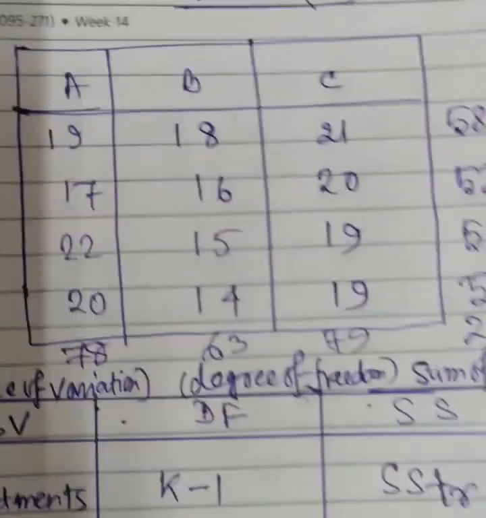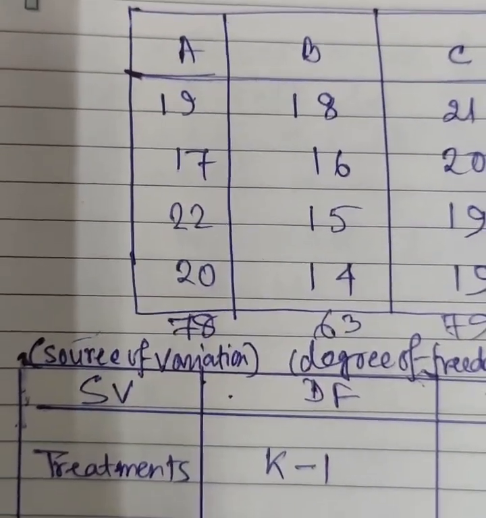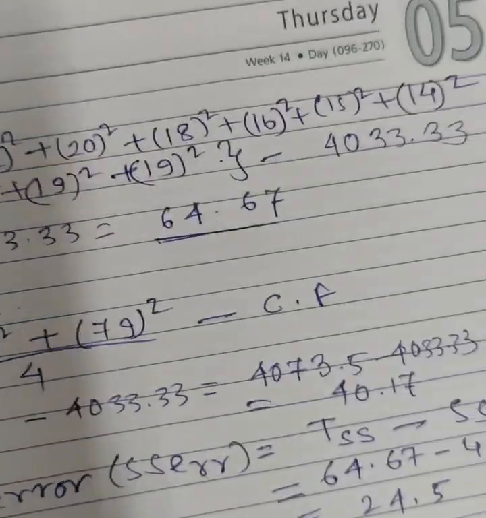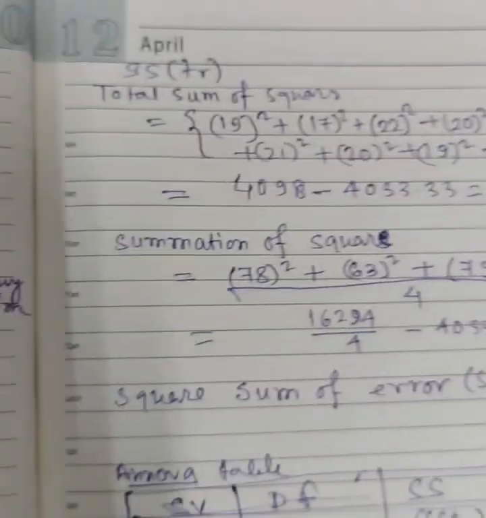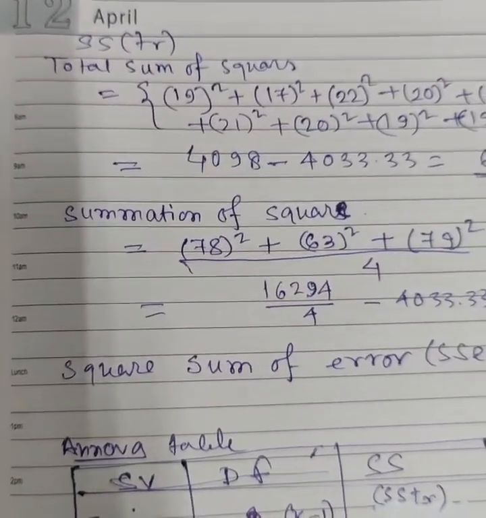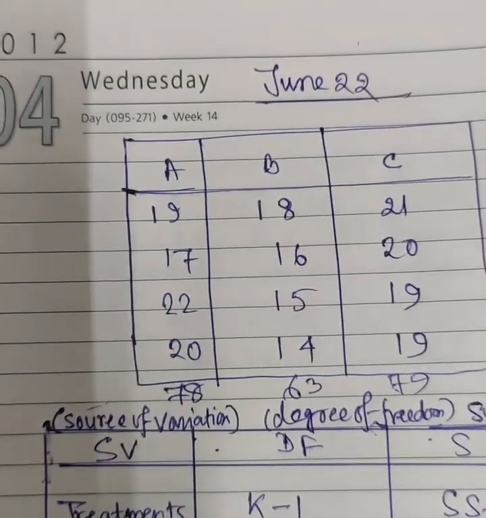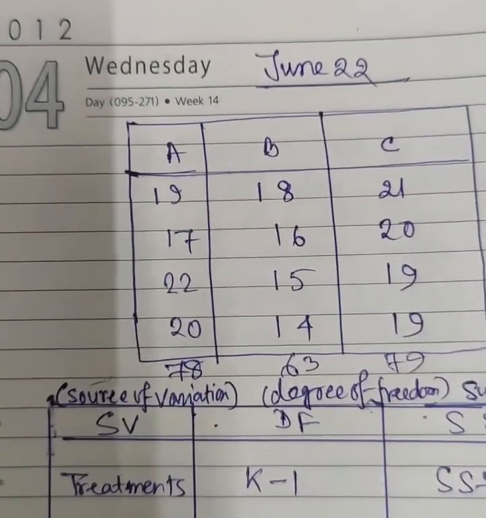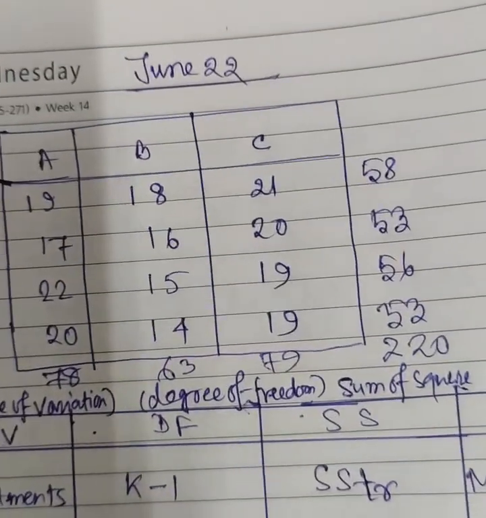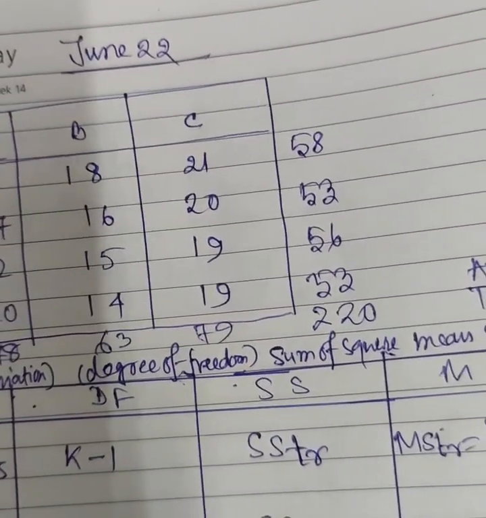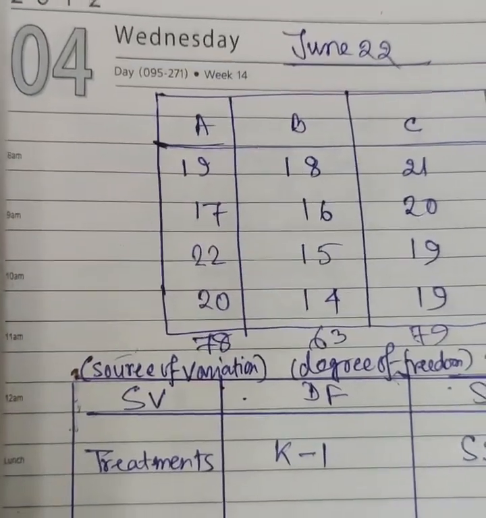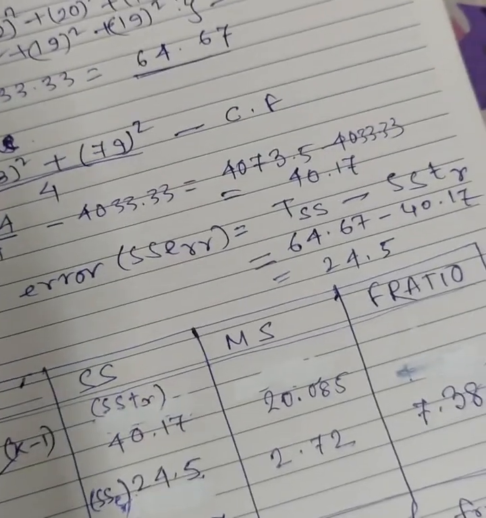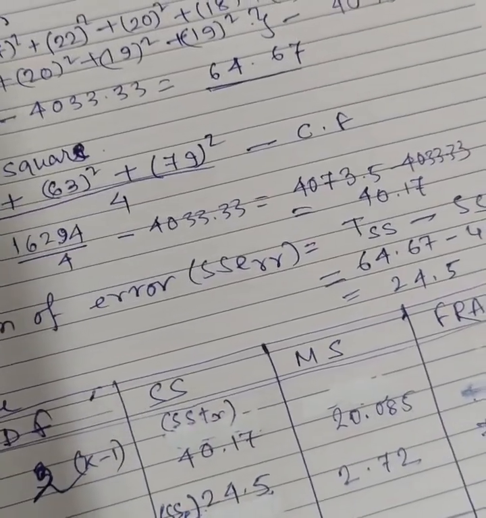We square all the values, 19, 17, 20 and so on, minus the correction factor, giving 64.67. Next is the summation of squares: the total of the first column squared, plus the second column total squared, plus the third column total squared, divided by 4. Remember, this is very important, it is 4 rows, not columns. Minus CF.